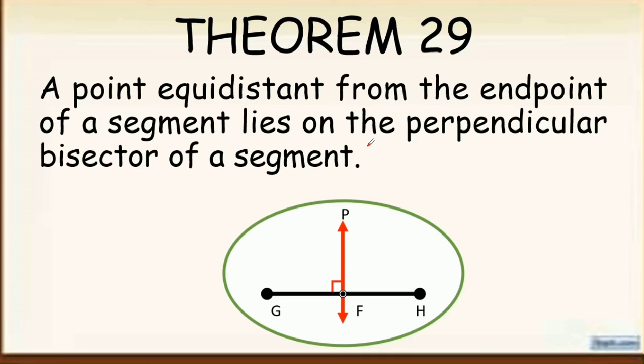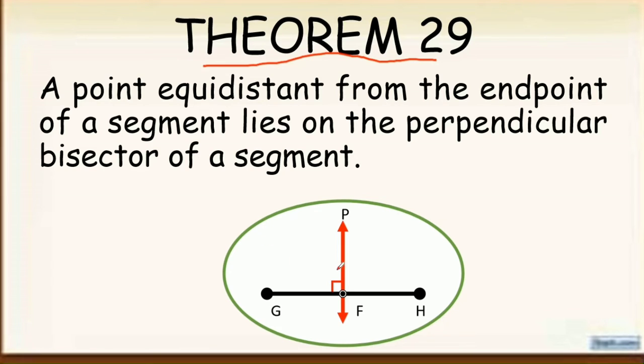Okay, next, theorem number 29. So, a point equidistant from the endpoints of a segment lies on the perpendicular bisector of a segment.